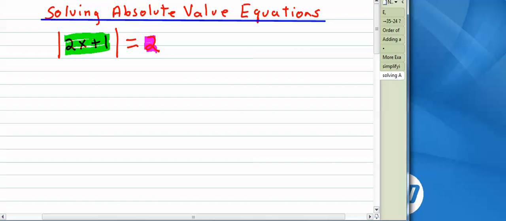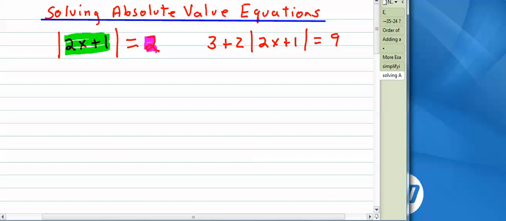Our other equations are going to be in the form of this: 3 plus 2 times the absolute value of, and we'll use 2x plus 1, equals 9.